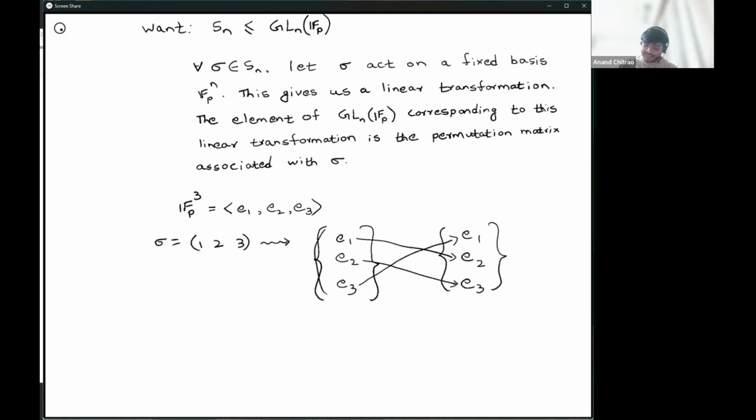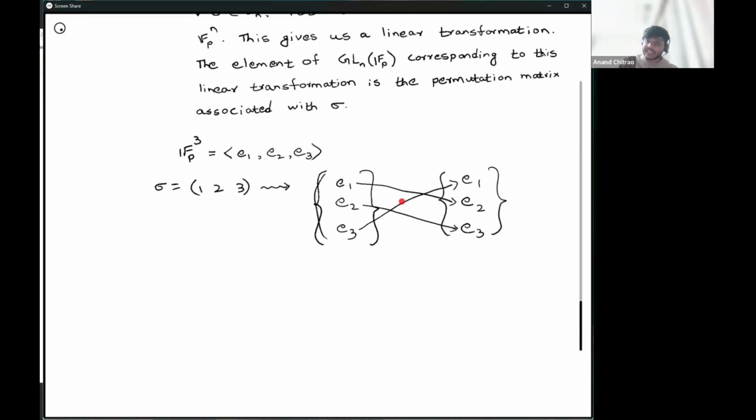This is a set theoretic map from one basis of a vector space to another basis, and this corresponds to a linear transformation.